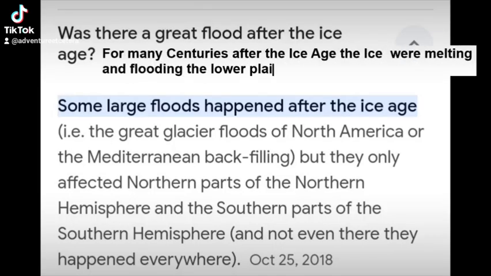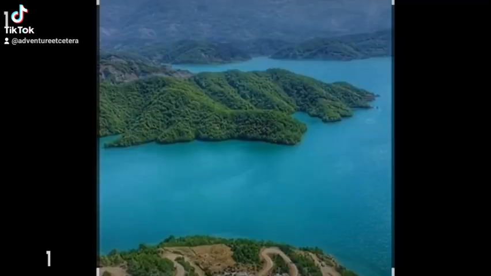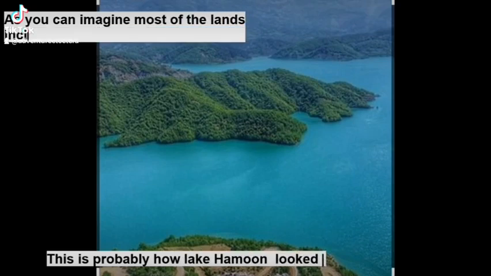And for many centuries after the Ice Age, the ice was melting and flooding the lower plains. What I mean by lower plains is anywhere south of the Altai mountains.